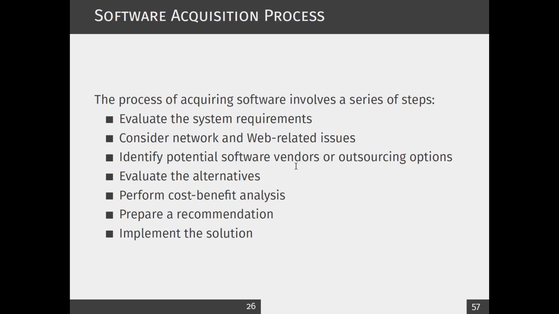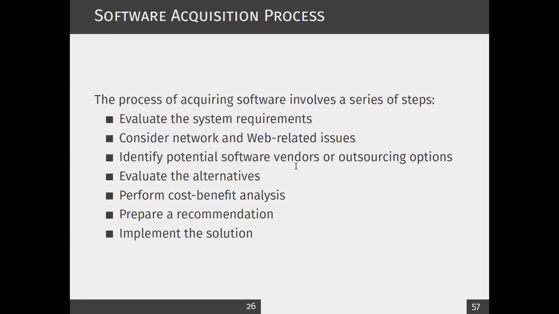Now here are the steps of the software acquisition process. You start by evaluating system requirements, because for any system we have to find out what our exact requirements are. Then you have to consider network and web related issues. Then you have to identify potential software vendors or outsourcing options.